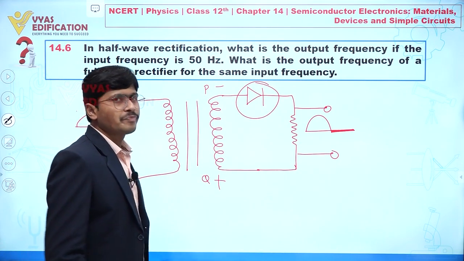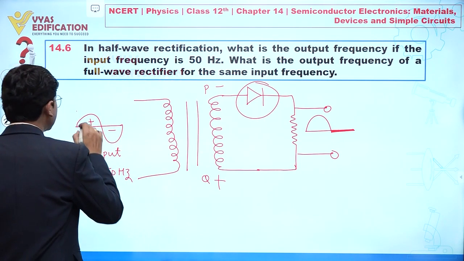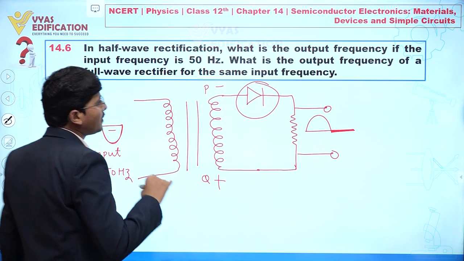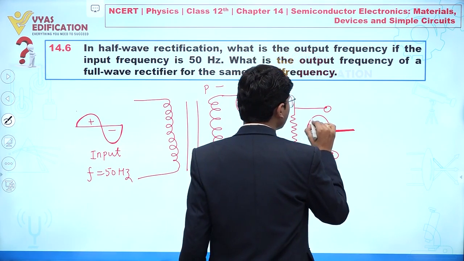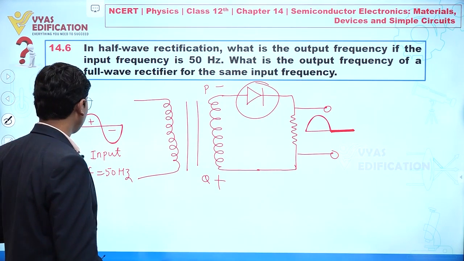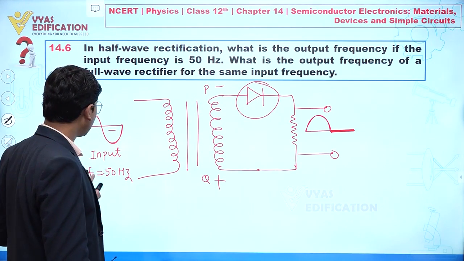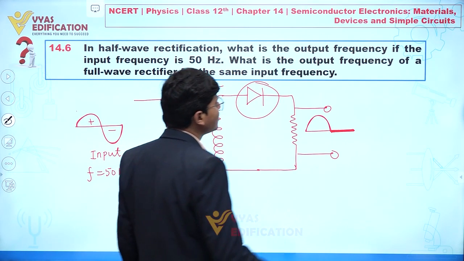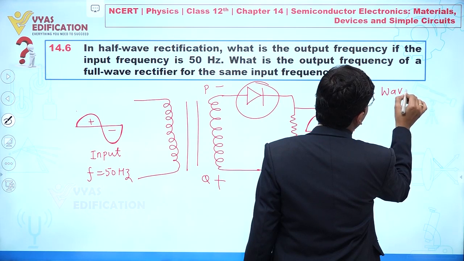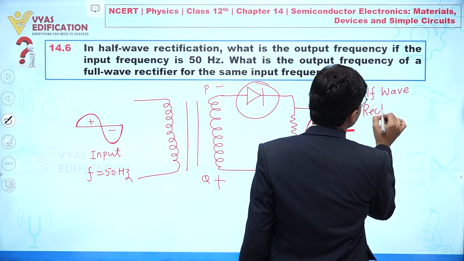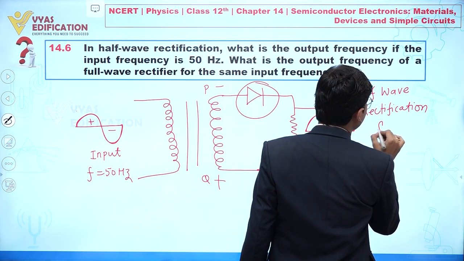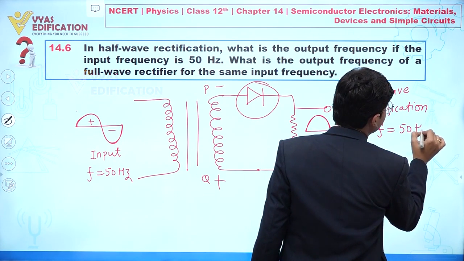But one thing you should keep in mind, this one cycle is completed when this is going like this. But in the output form you can say this is one cycle. So if initially we have a total frequency of 50 Hz, after half wave rectification you will find the same frequency, 50 Hz.